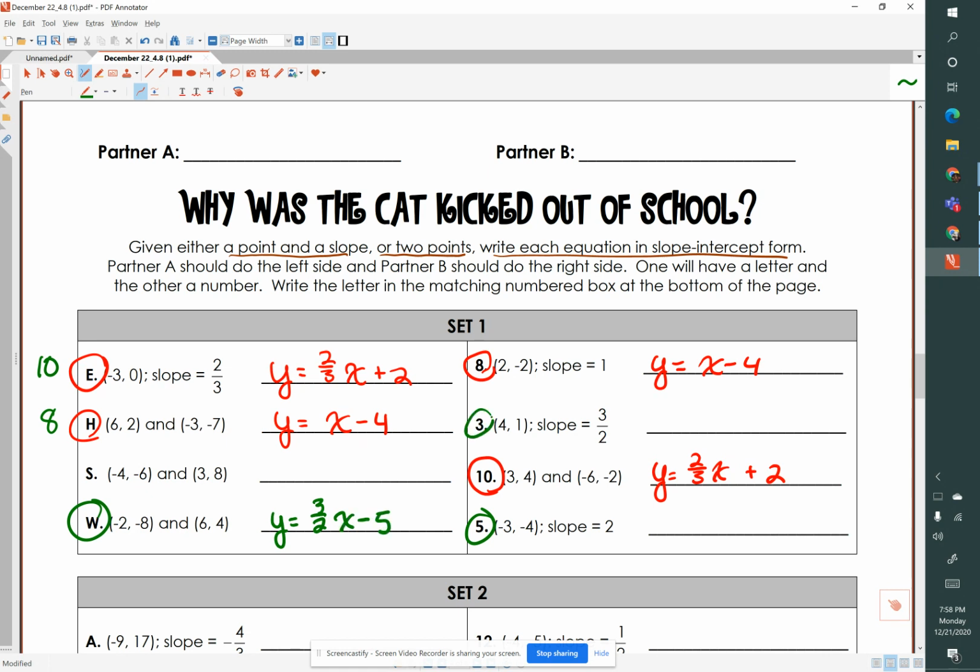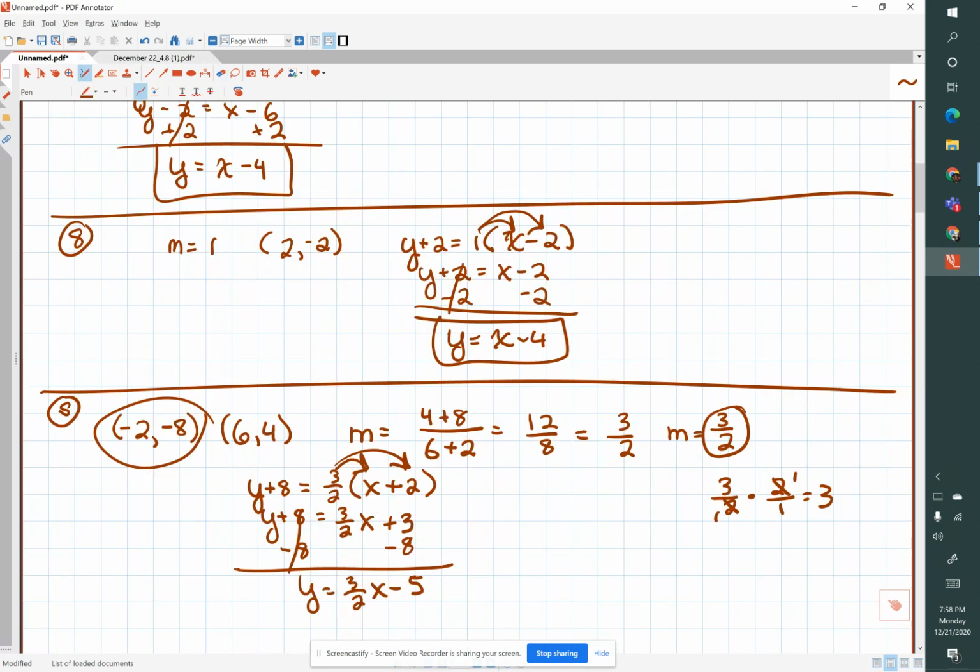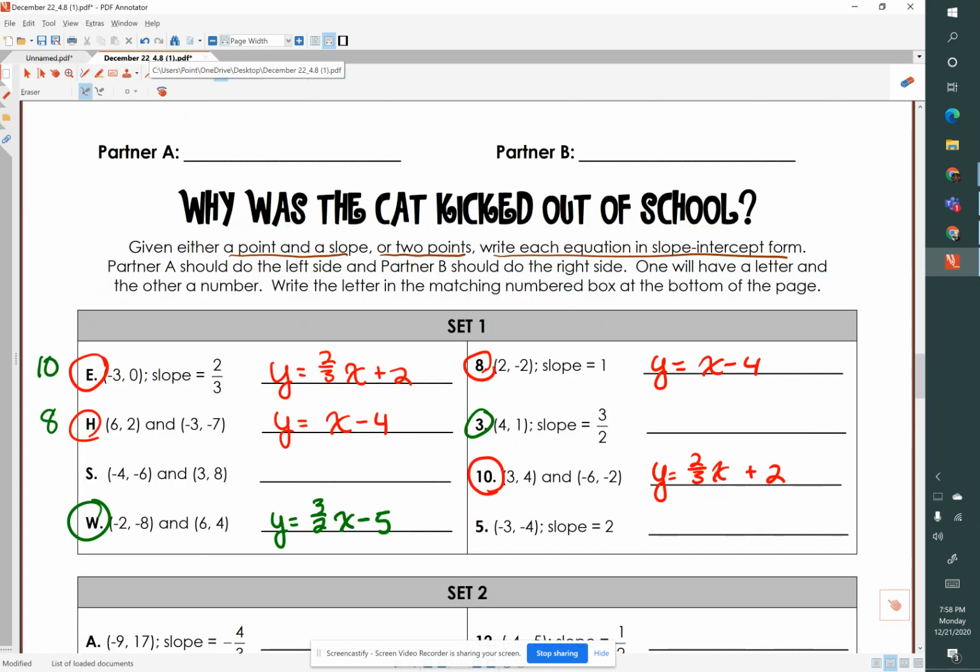So I think this time I'm going to do 3, not 5. I have something I know I want to show you. Let's go back and look at that. I've got a slope of 3 over 2 and a point, and this is number 3.